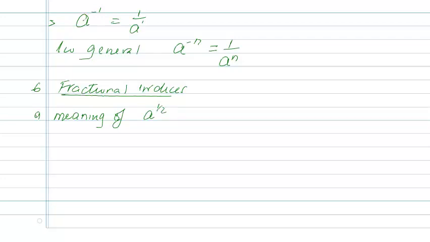If we square a to power a half, a to power a half times a to power a half, it implies that the answer is a to 1, meaning that a to power a half is the square root of a.